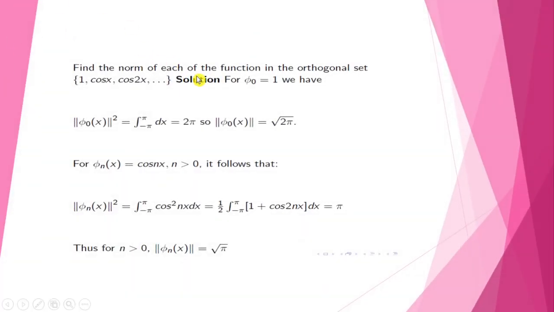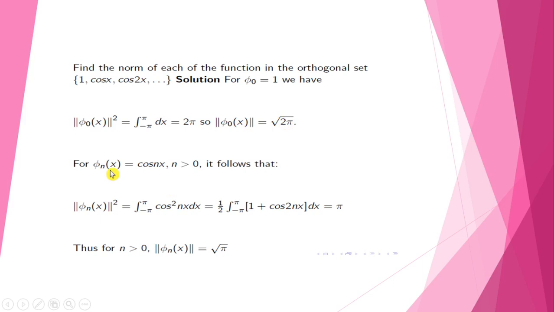Find the norm of each of the functions. Here's the example. Find the norm of each of the functions in the orthogonal set 1, cos x, cos 2x and so on. Solution: for phi naught equal to 1, we have the norm phi naught of x squared equal to the integral from negative pi to pi of dx, which is equal to 2 pi. So the norm phi naught of x is equal to the radical of 2 pi.